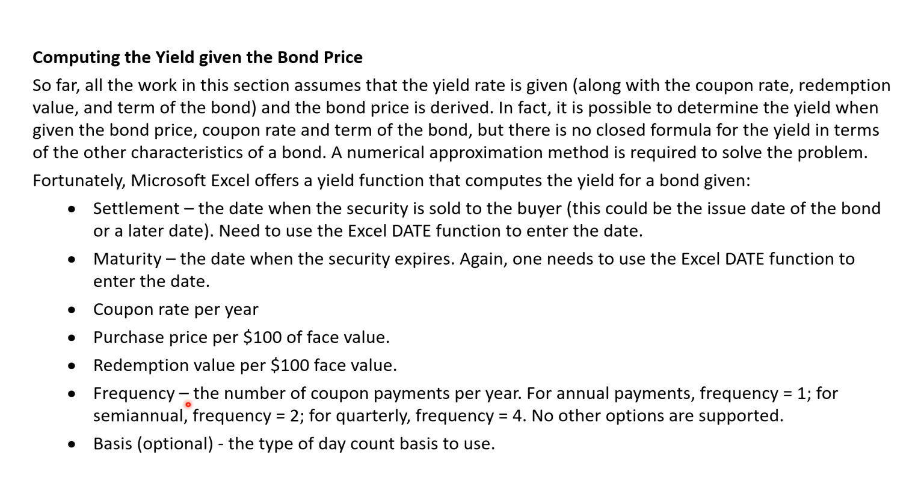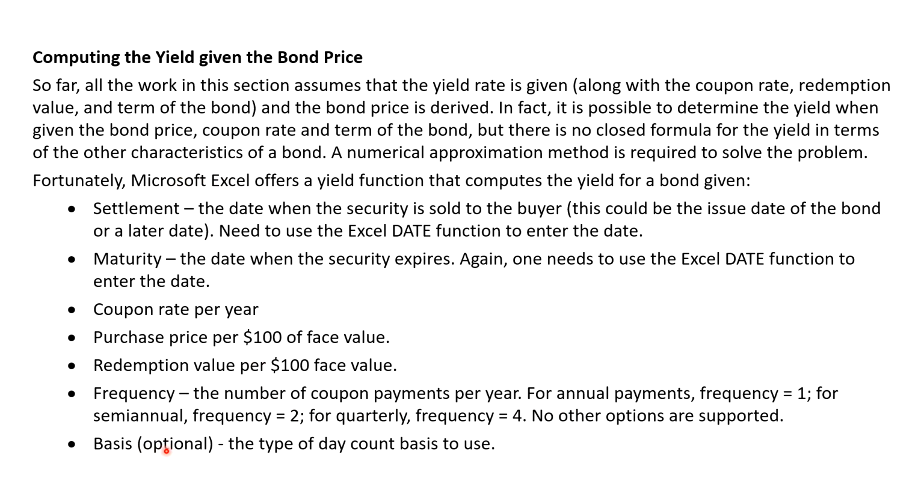Then the frequency, so there's either annual, and you would put in a 1 in that case. Semi-annual, you would put in a 2, and then quarterly, you would put in 4. And those are the only options. So apparently bonds only have coupons at these options, or at least in terms of Excel, that's all they're going to give you.